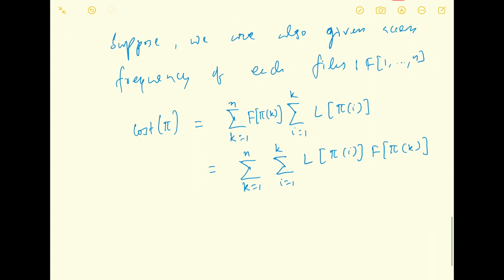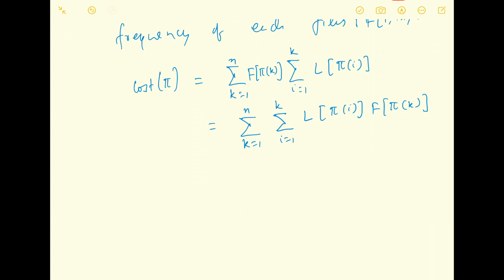So using a similar kind of exchange argument, you can show that if the lengths of all files are equal, then it is best to arrange the files in non-increasing order of their frequency, and that particular order minimizes the total cost.